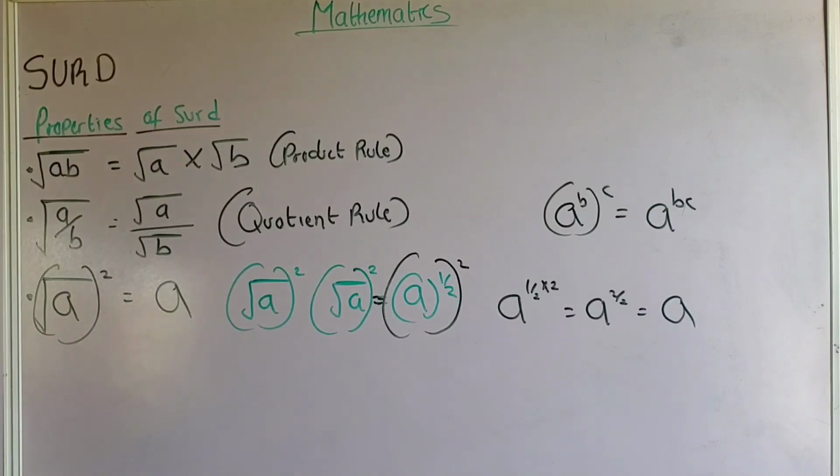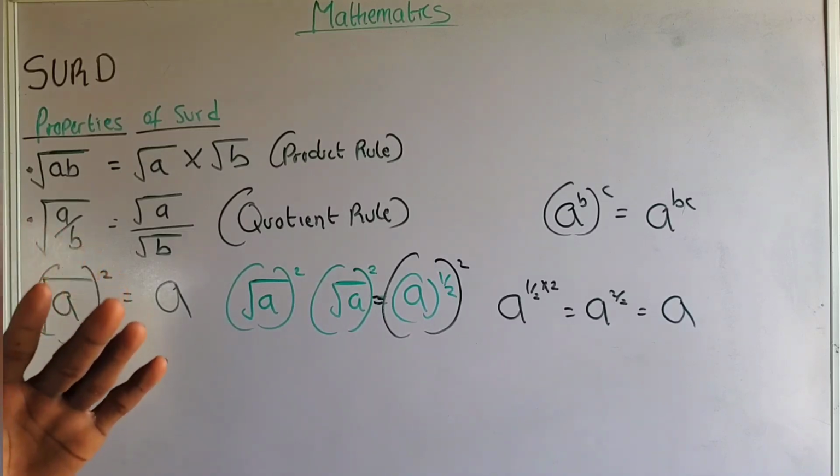Another important thing that I'm going to talk about in surds is how to simplify surds. This is where we lay our conclusion before we delve into worked examples. If you are asked to simplify a surd, let me give you the steps. The first step is to find a perfect square factor. Having done that, rewrite the surd with respect to the factor. Then you simplify.